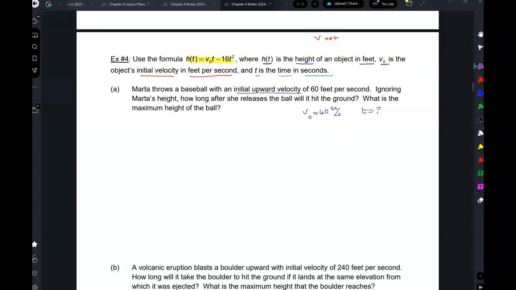What we're given is an equation for height. When the ball hits the ground, what will the height be? Zero. So h of t is equal to v naught t minus 16t squared. So we want h of t to be 0, equal to 60t minus 16t squared. Okay? So we're going to put this in the calculator.